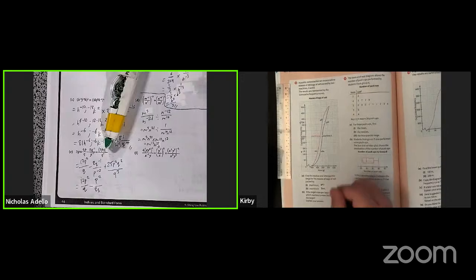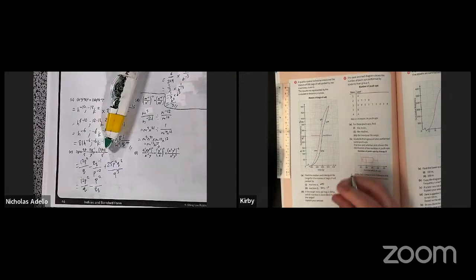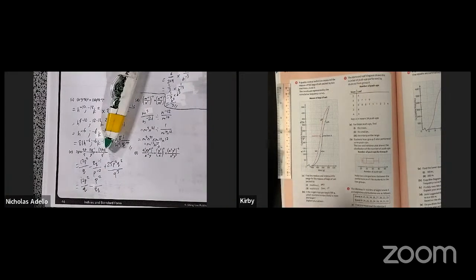What am I doing wrong? What is the power of 8? What is the power of 8 originally? 1, so it's positive. So how come 8 power 1 on top gets to move to the bottom?